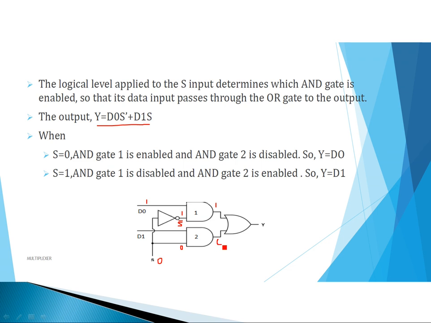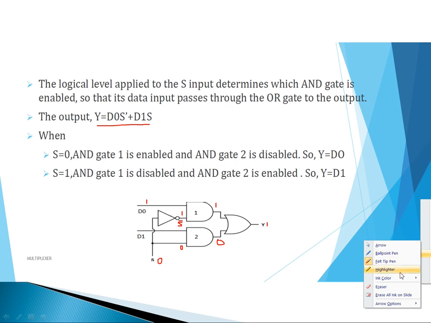Hence, irrespective of the D1 input, this AND gate output is always 0. So now the output y becomes 1. That means whatever data is available on d naught, that is available at y when the select line is 0.